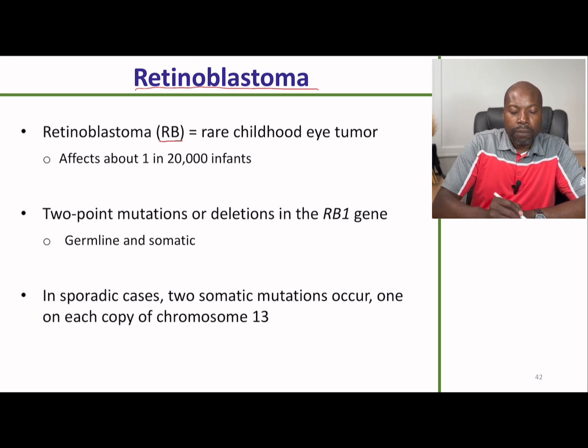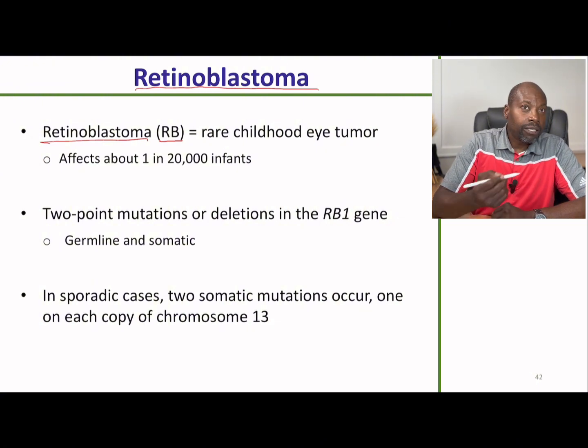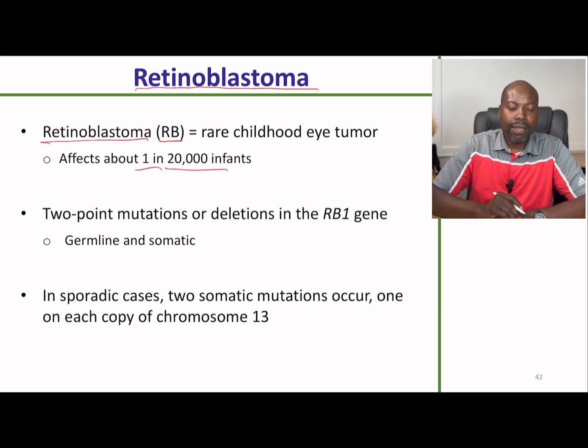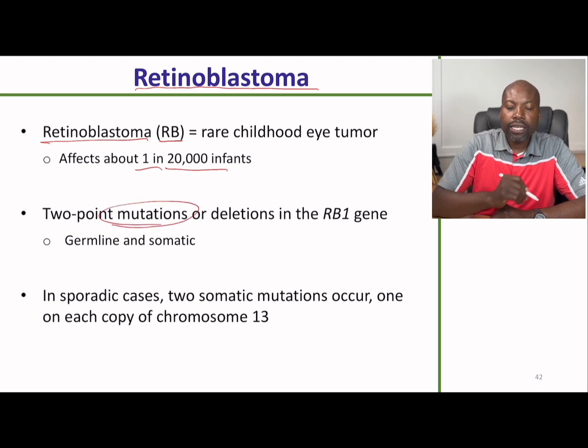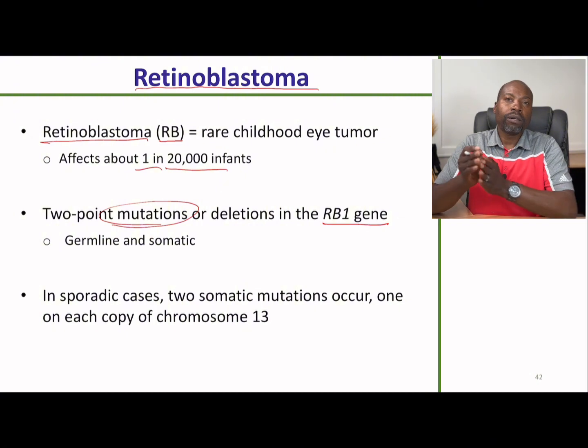So the retinoblastoma is observed in about one infant out of 20,000.